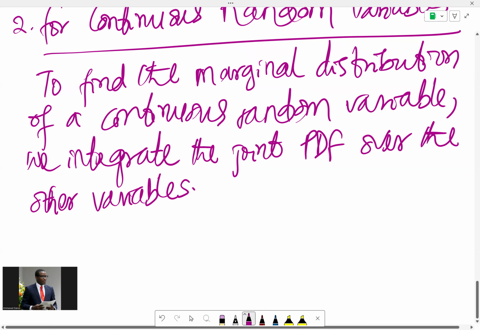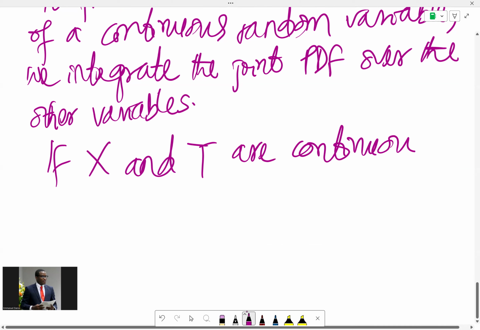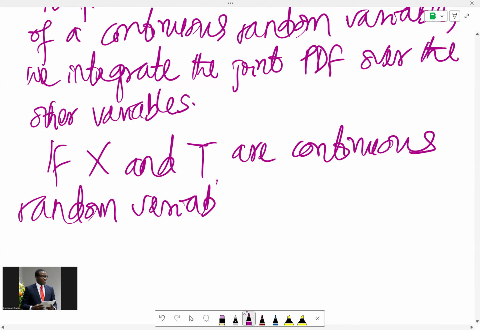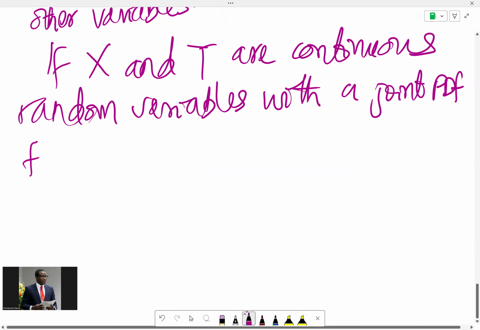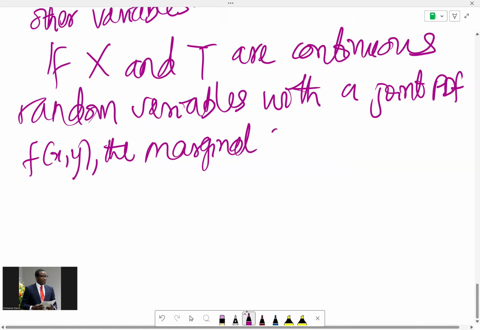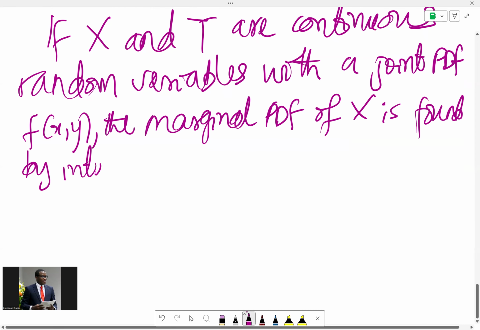For instance, if x and y are continuous random variables with a joint probability density function f of x comma y, the marginal PDF of x is found by integrating over y.